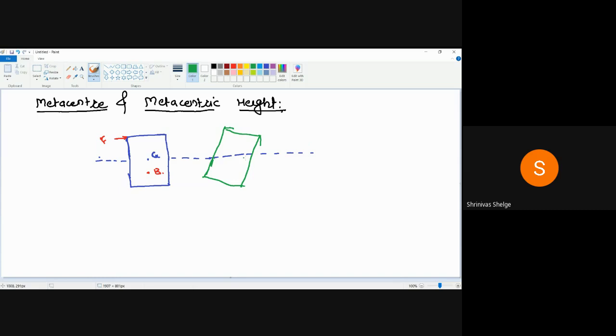Yes. So when it gets displaced like this, somewhere here G is there.